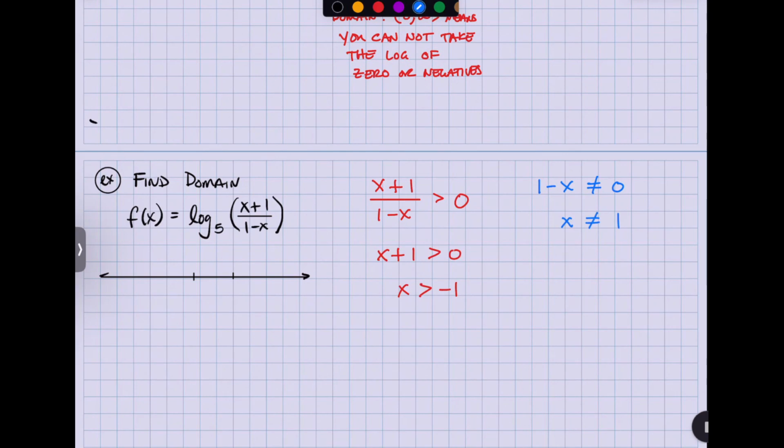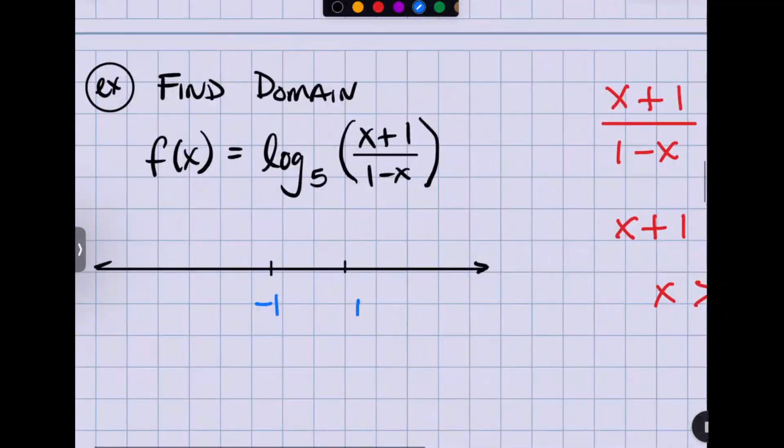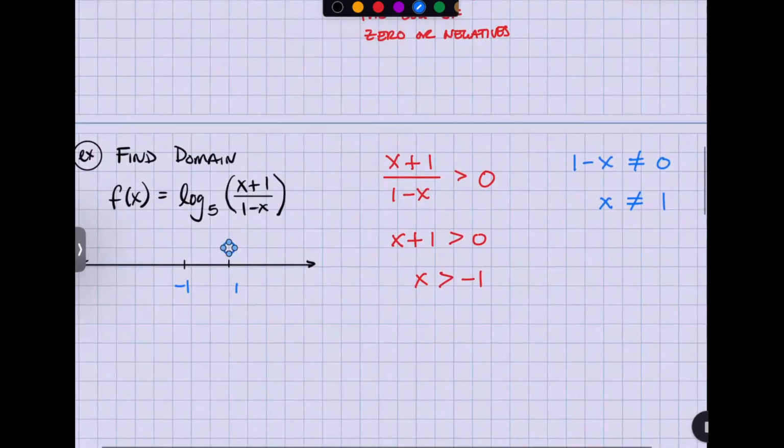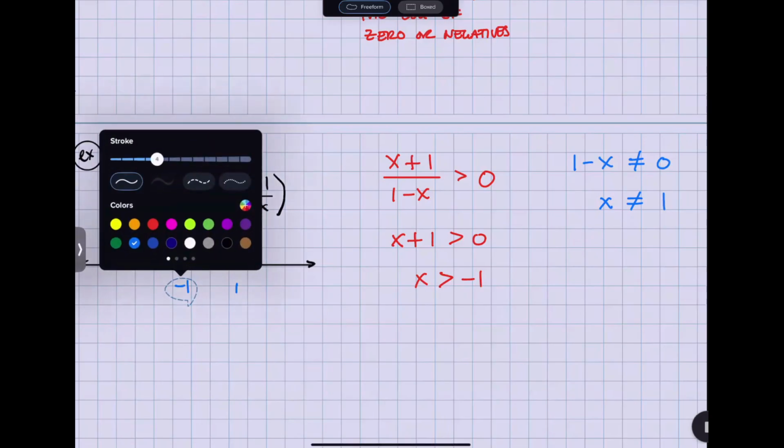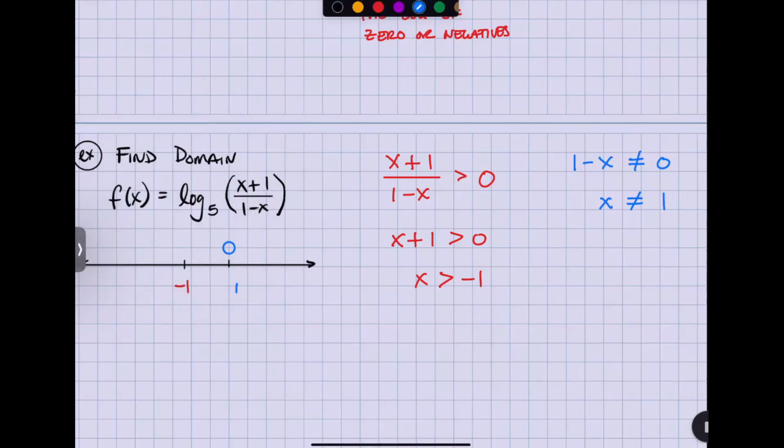So when I put that on the number line, if I have negative 1 and 1, I'm going to have an open circle at 1. That is for that part, right? And for -1, that says I can have it greater than -1.